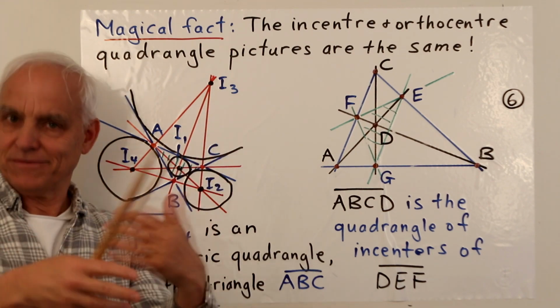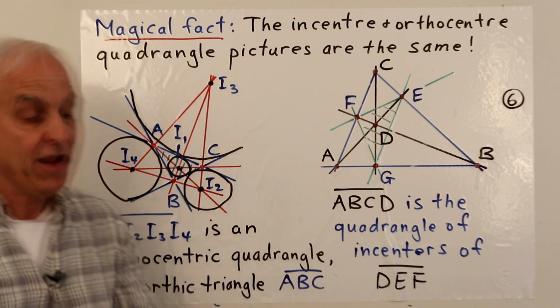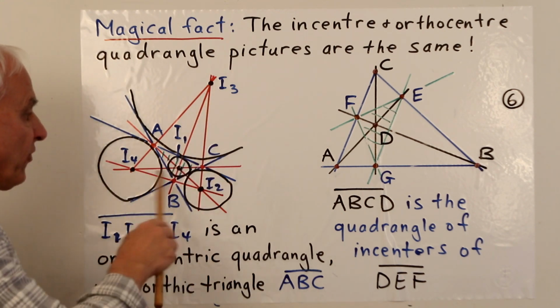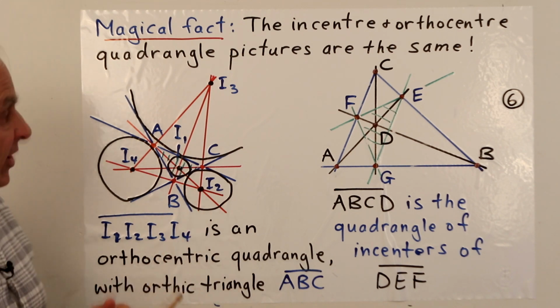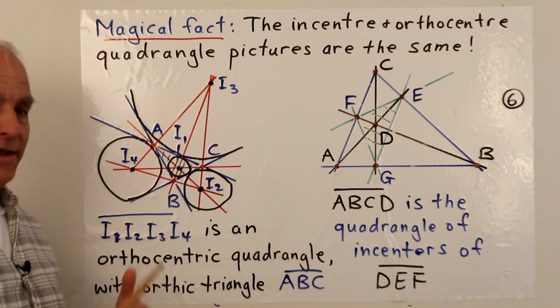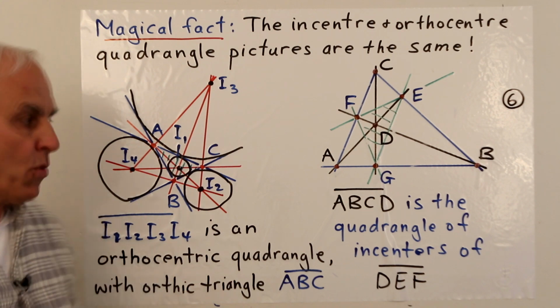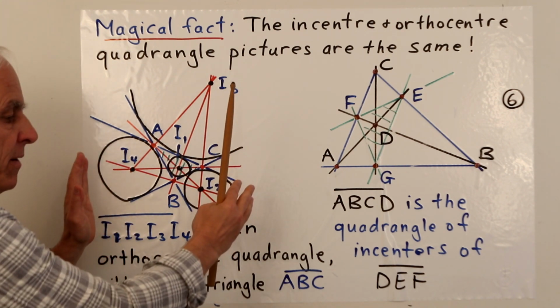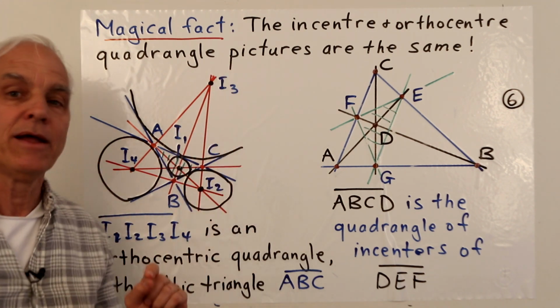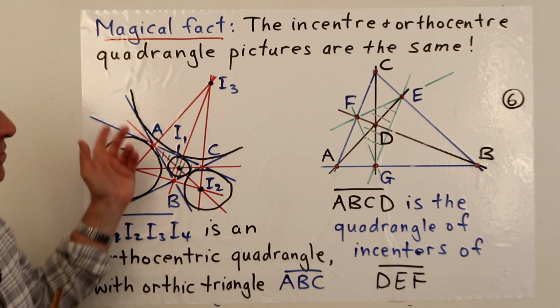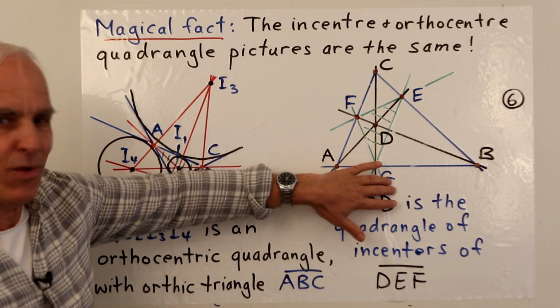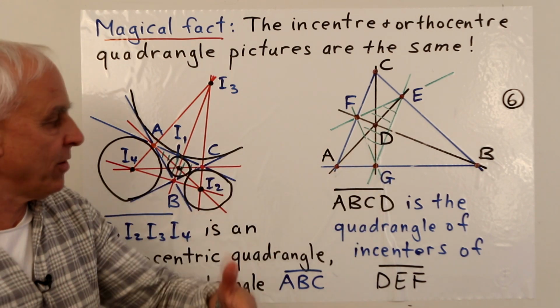And then from that symmetry that we've already observed, this is an orthocentric quadrangle, and similarly I2 is the orthocenter of I3, I4, I1, etc. So we can see the orthocentric quadrangle picture in the incenter story. But conversely, let's start with the orthocentric quadrangle story.